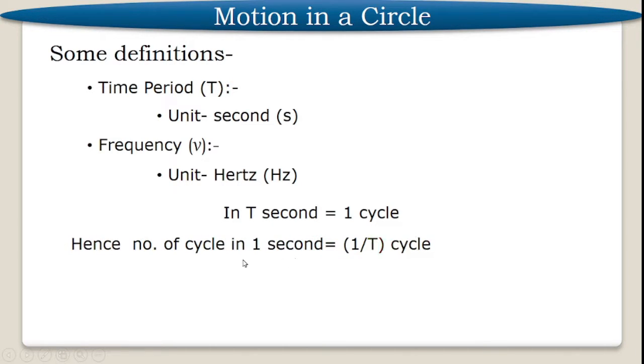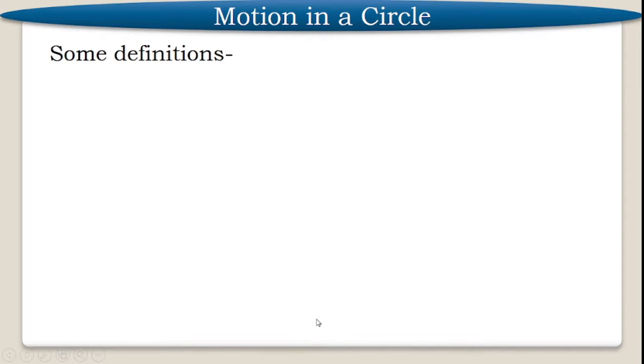Then the number of cycles in 1 second will be equal to 1 by T cycle, and hence nu is equal to 1 by T, because the number of cycles in 1 second is its frequency. In this way this shows the relation between frequency and time period, and it can be written as nu T is equal to 1.